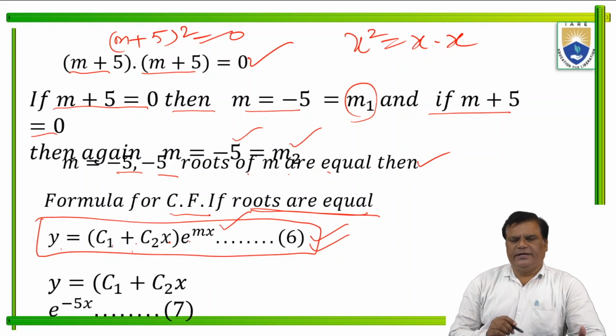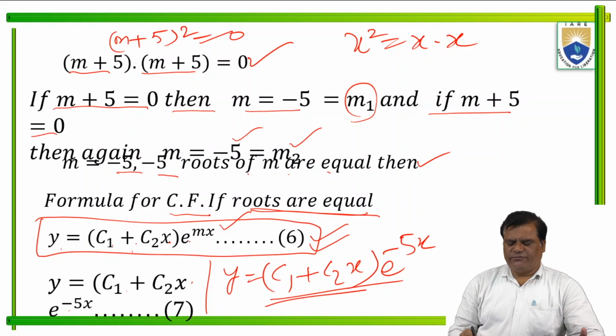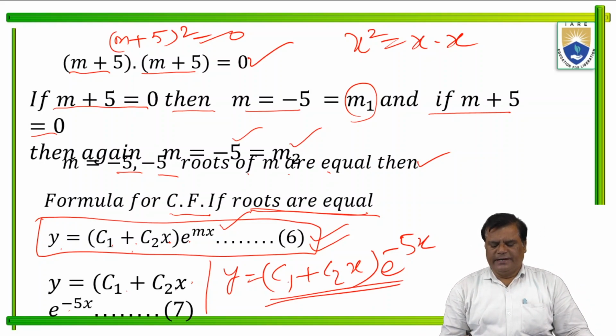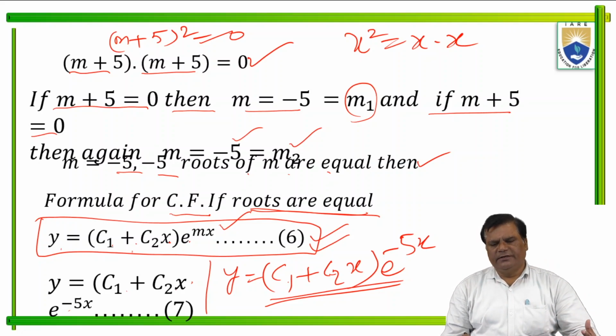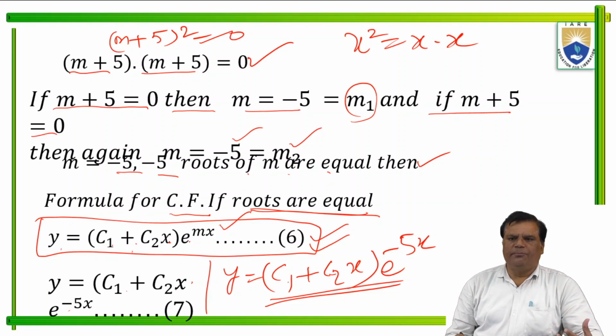M is minus 5 here, so y is equal to (C1 plus C2x) e to the power minus 5x. This is CF, the complementary function. Here C1, C2 are arbitrary constants. If our differential equation is of second order, then we find two arbitrary constants.